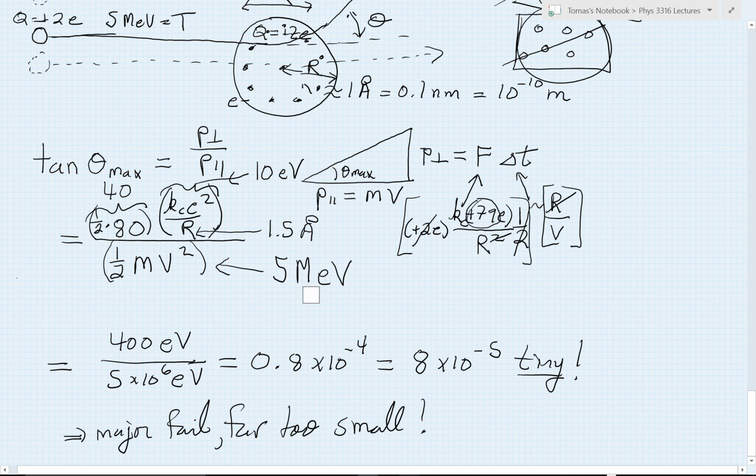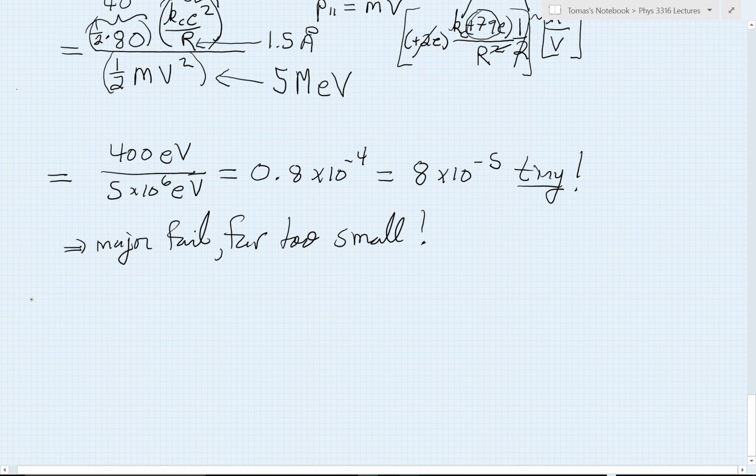If I want to get this thing to be much larger by a factor of about 10 to the 5, I need this radius to be much smaller by about that same ratio. That is the only way I can get strong enough forces to explain the type of scattering events that I see. So let's just note this down.